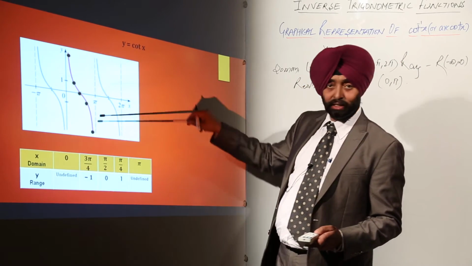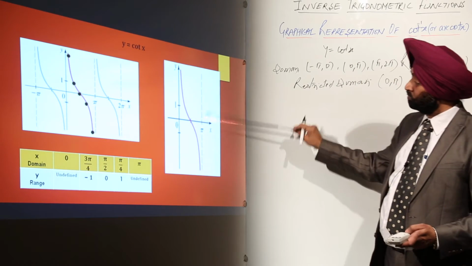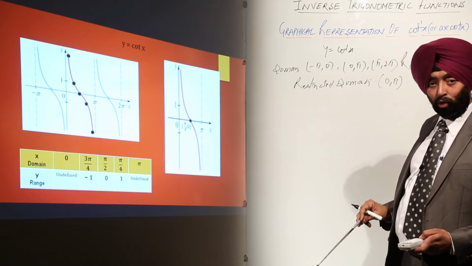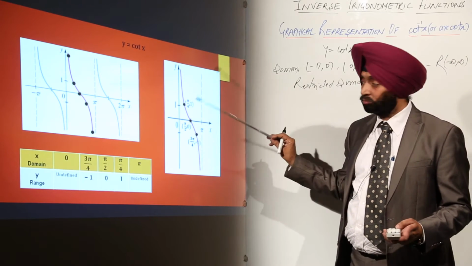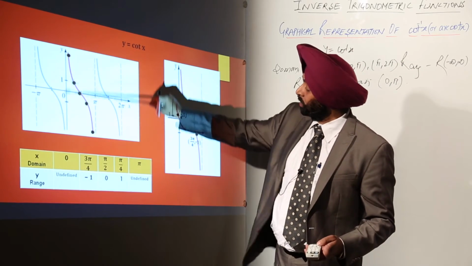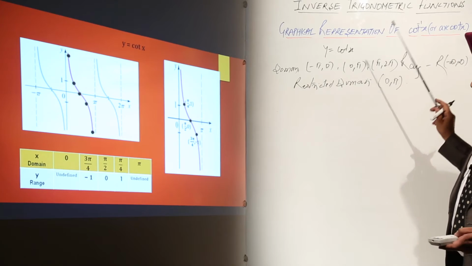When we plot the points, we get this graph, the cut down area for only the interval 0 to pi.